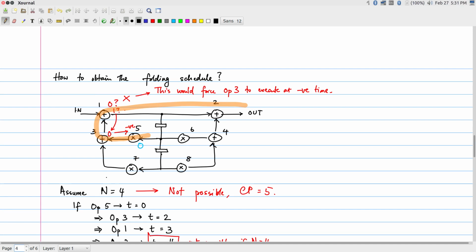The output of 7 has no input dependencies because it has a delay element in front of it. What that basically means is anything which has a delay element in front of it, the input corresponding to that could have executed in the previous iteration.